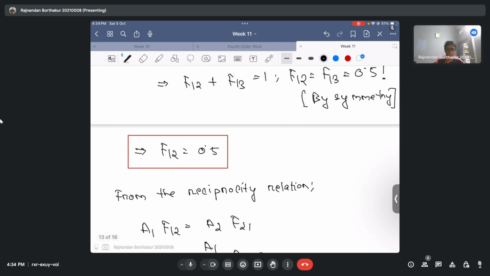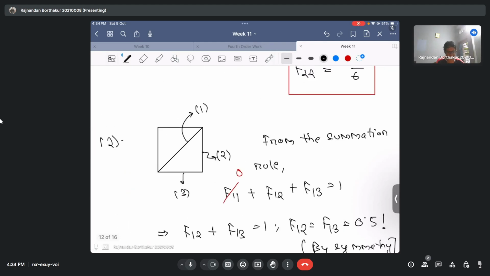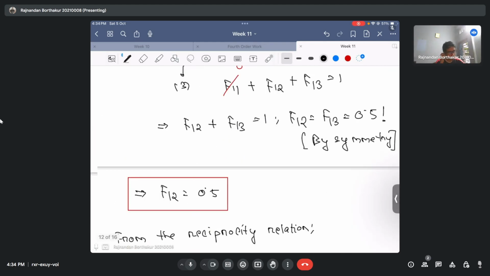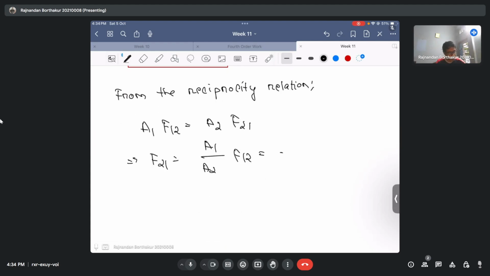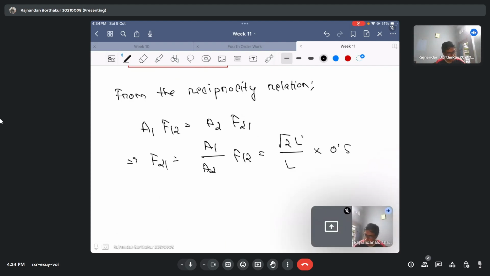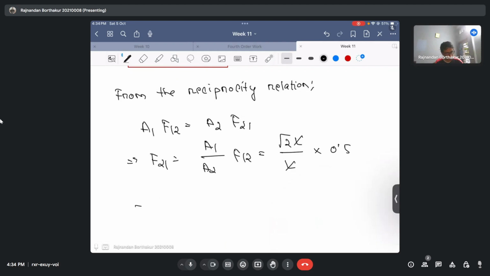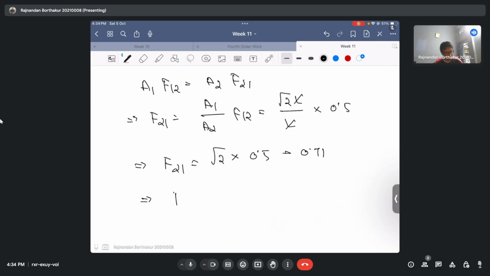Now if I consider the width to be 1, calculating per unit width, my A1 is the diagonal, which is root 2 times the length L, and my A2 is just L. So F21 is root 2 times L by L, times 0.5. L and L cancel, so I have F21 as root 2 times 0.5, which is roughly 0.71. So my other view factor, F21, is 0.71.